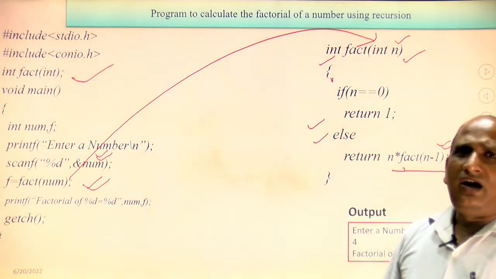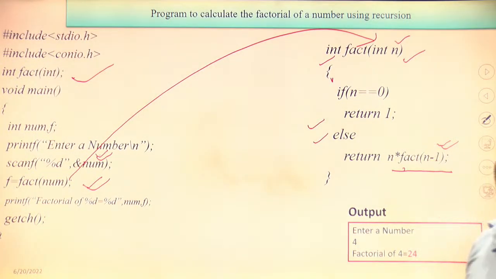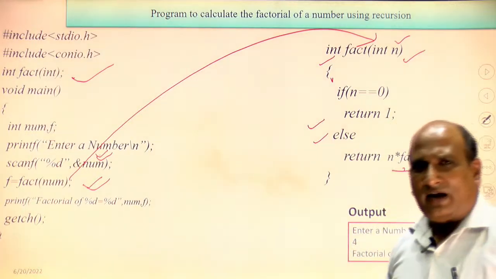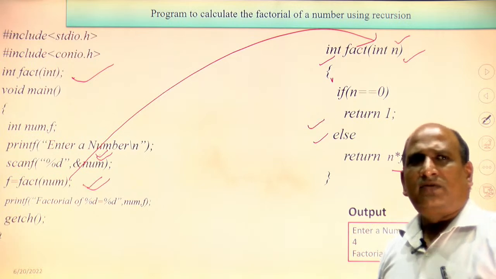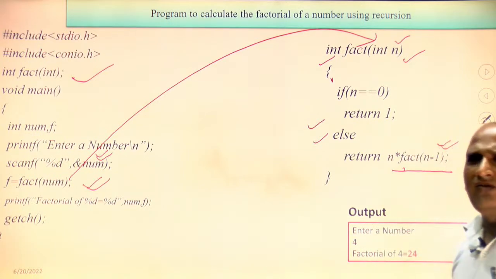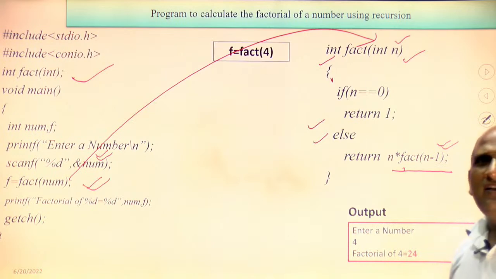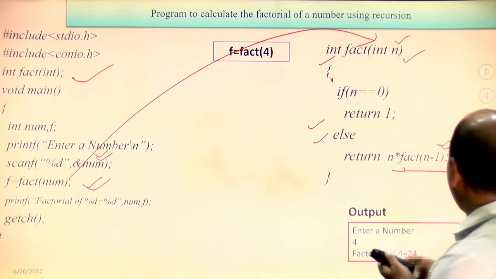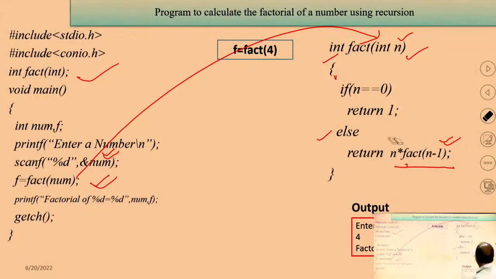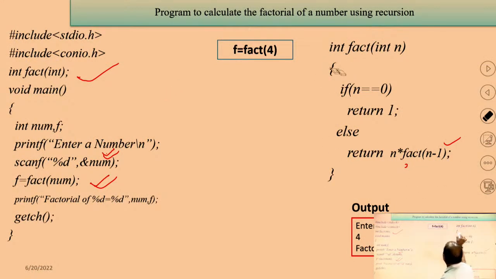This way you can understand how, if we take the input 4 as the num variable, this 4 will go to the num variable and the factorial of 4 will be calculated like this. First fact(4) will be called. Let me erase this writing, and after that we will see it clearly.